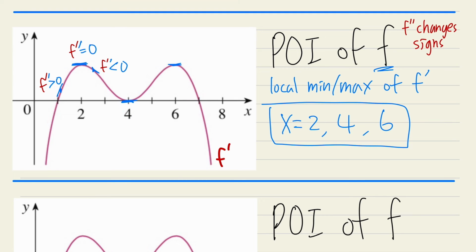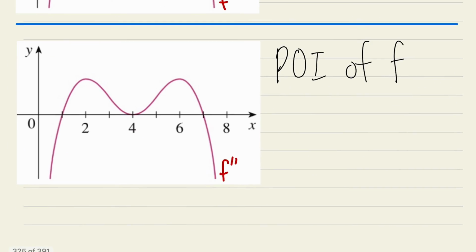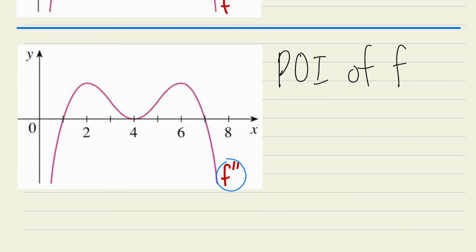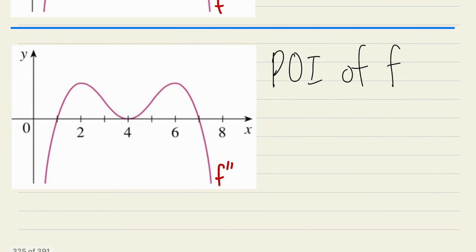Alright? Now, if we have the second derivative and we have to answer where the point of inflection of the original is, what do we do in this case? You want to think about it? Remember, it's always going to be where our second derivative changes signs.